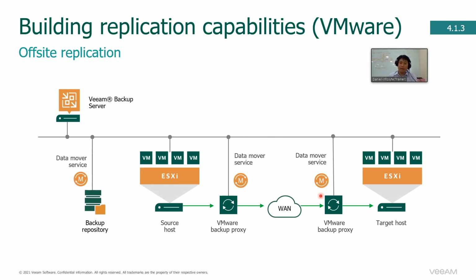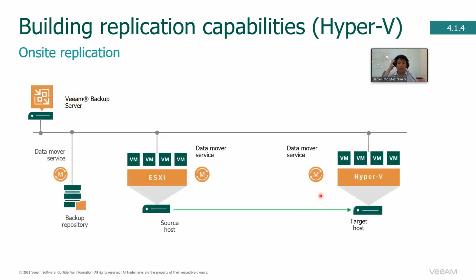For VMware. Now, if you are running replication for Hyper-V, it is even more direct. For Hyper-V, we are utilizing the on-host backup proxy straight away. The one that is running together in the Hyper-V is able to be utilized for the replication. Sorry about the diagram, there is a typo here. It should be Hyper-V to Hyper-V.